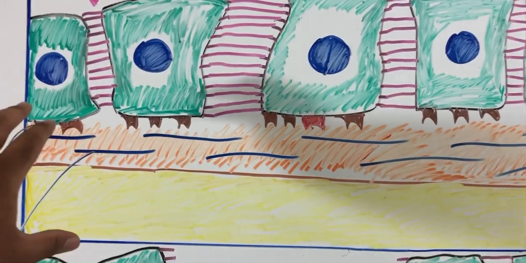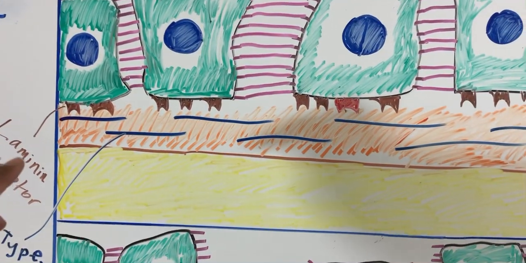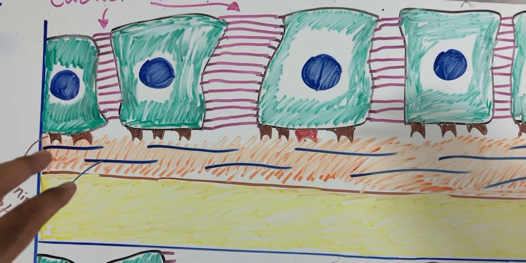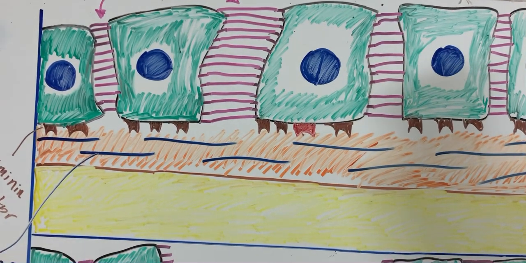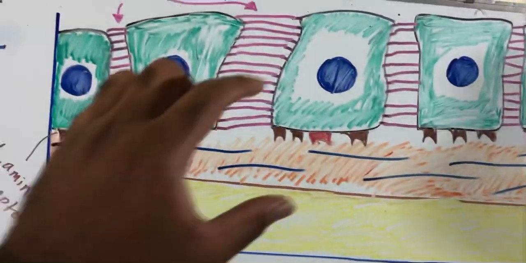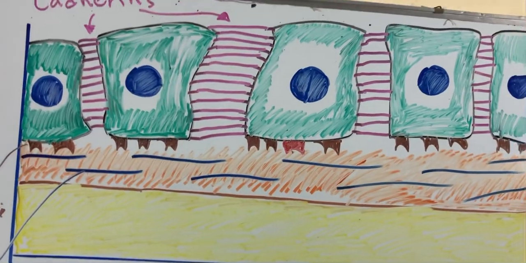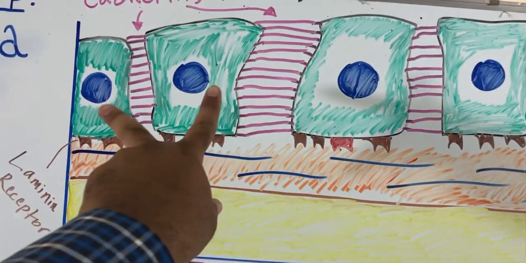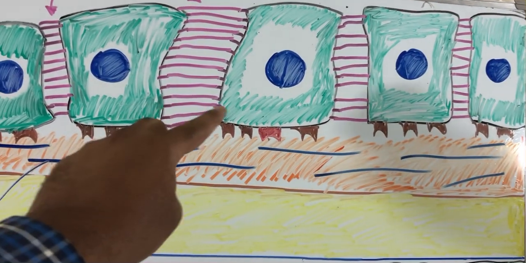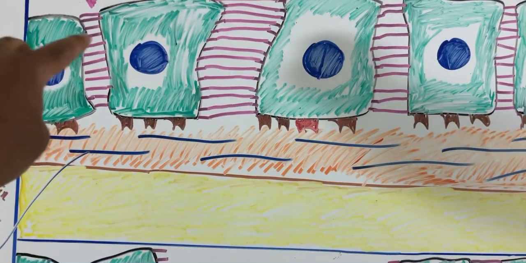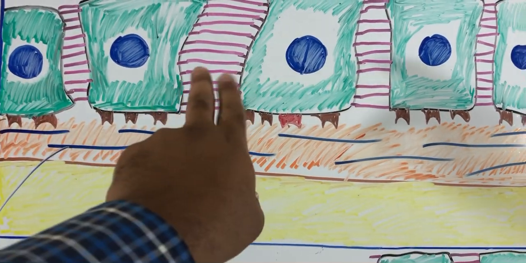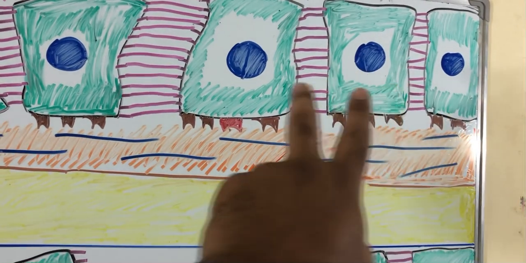For purposes of understanding, we have 1, 2, 3, 4, 5 cells, and the transformed cell is the one in the middle. What do we see? We see that all these cells are connected. You see those pink fence-like lines? These cells are held by junctions, these pink junctions.